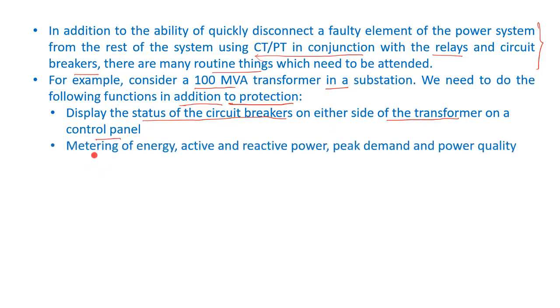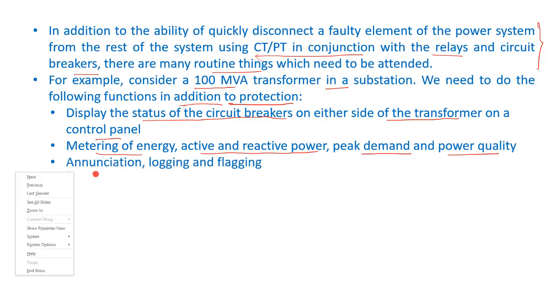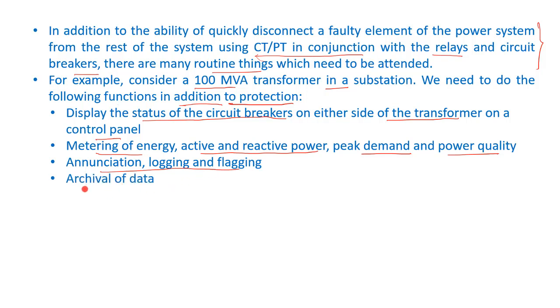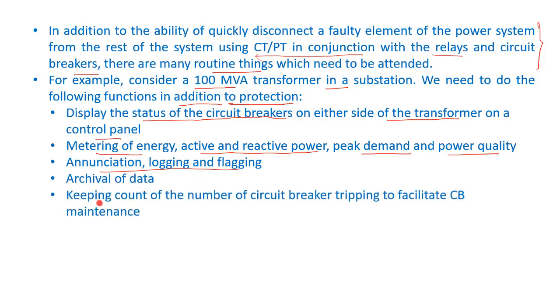Second is metering of energy, active and reactive power, peak demand and power quality. Then annunciation, logging and flagging, just to record the data of what is happening in the transformer. Then archival of data.